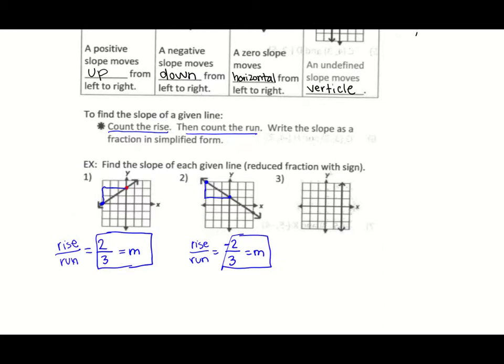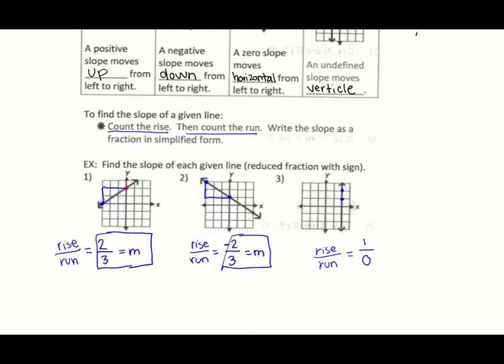Okay, my last one. I have a straight line right here. So that means if I use these 2 points right here, I have a rise of 1 and a run of 0.